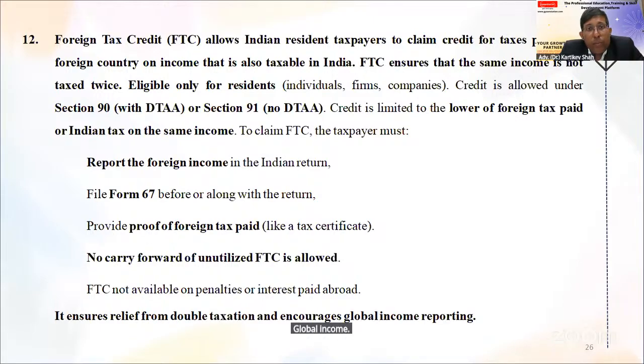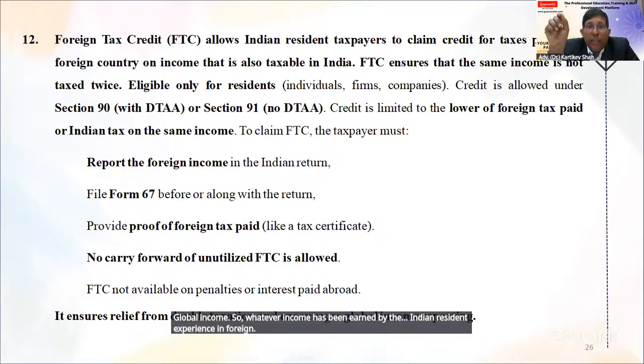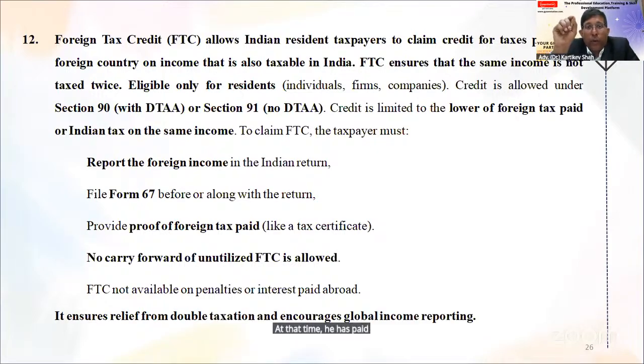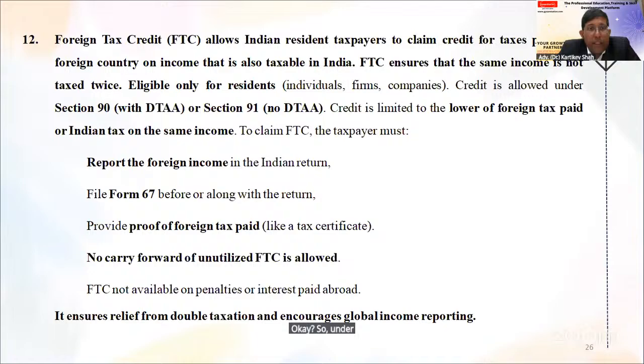So whatever income has been earned by the Indian resident taxpayer abroad, at that time he has paid tax in the foreign country. For that, he has to take credit. So foreign tax credit allows Indian resident taxpayers to claim credit for taxes paid in a foreign country. Right? So under Section 90 with DTAA, or Section 91 with no DTAA.